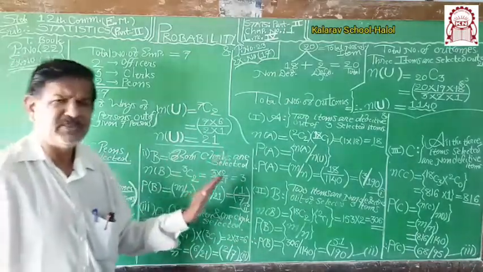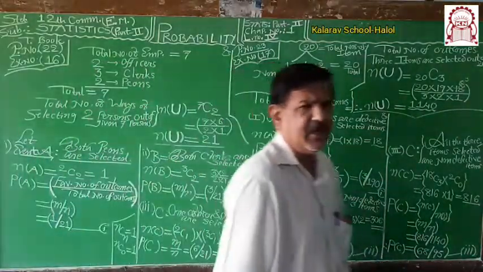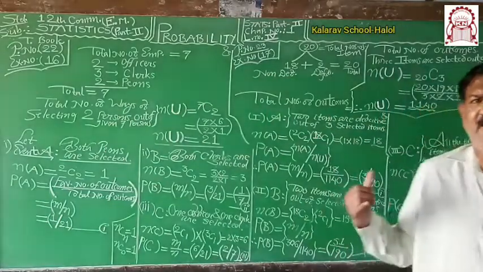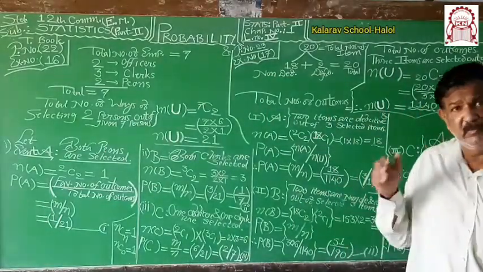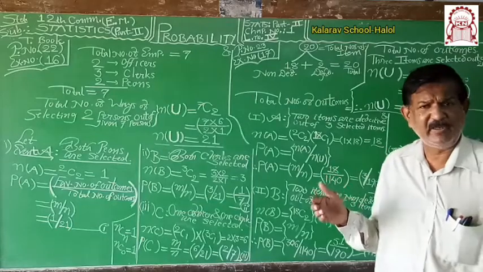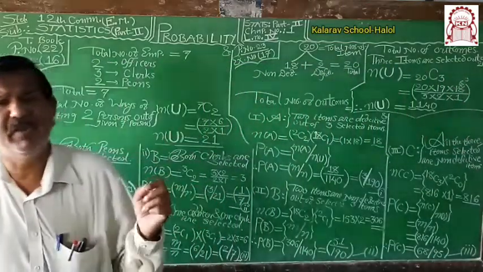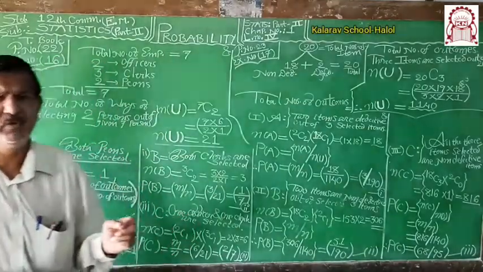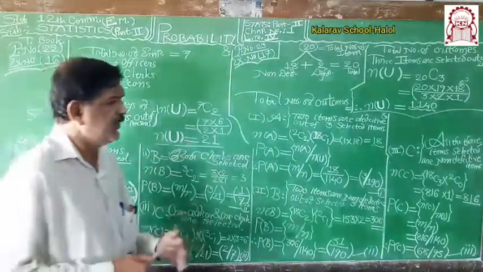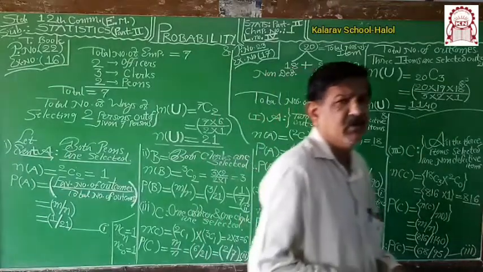Here there is a space limitation, and therefore I have tried to write in this way. You have to write systematically, mathematically and methodically, otherwise half of the marks may be deducted. Each and every point should be clear in your mind.